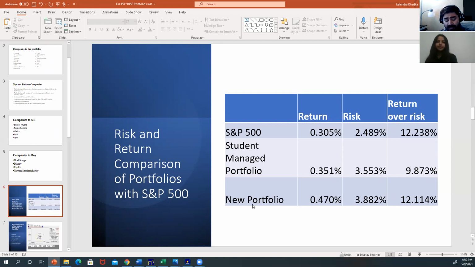After that, what I tried to do is figure out our return per unit of risk, so we can compare whether our return has increased significantly more than our risk has increased.